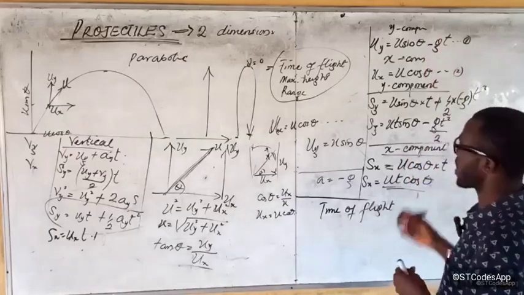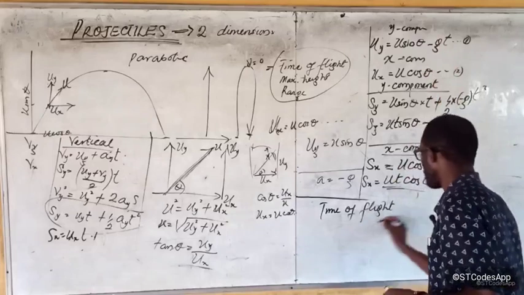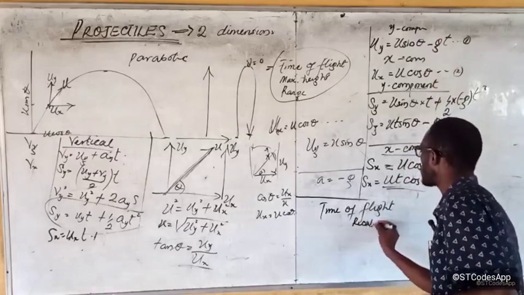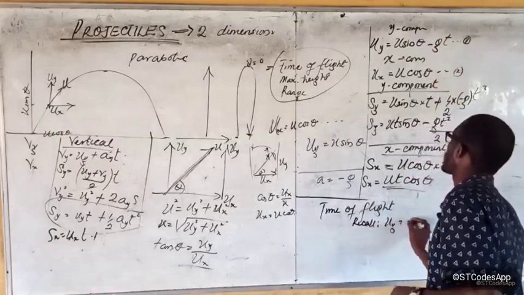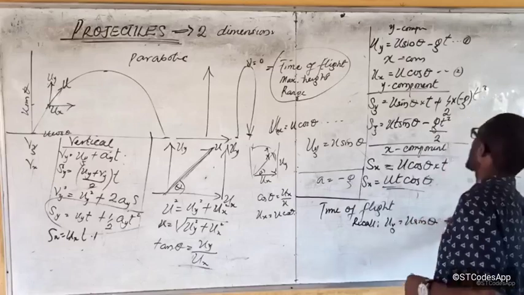Recall that for time of flight, from equation 1, u sub y is equal to u sine theta minus gt.